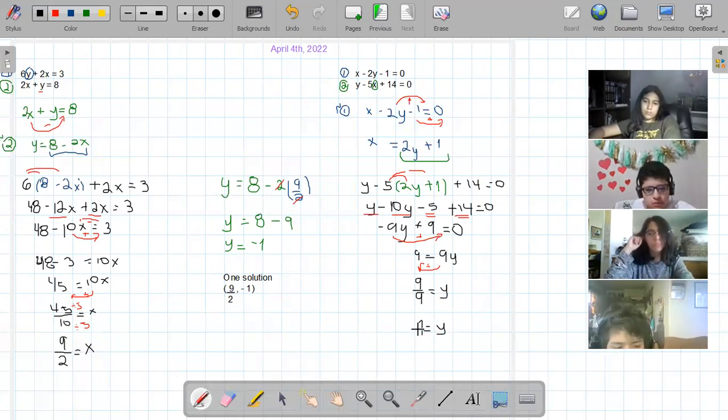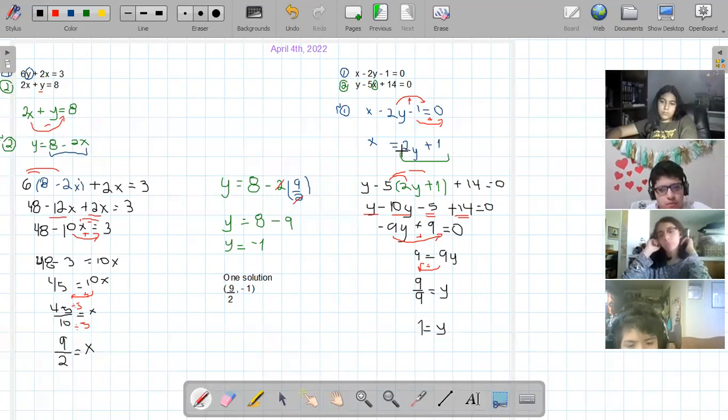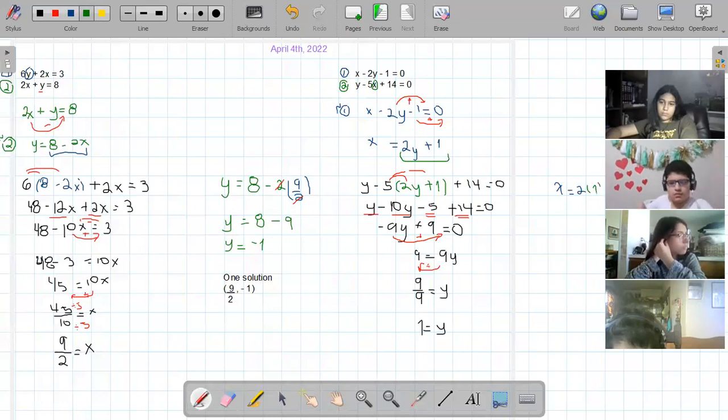Now I'm substituting this value of 1 into my new equation 1 in this case. Then I'm going to have x is equal to 2 times y, I'm using the one that I found, plus 1. 2 times 1, 2.